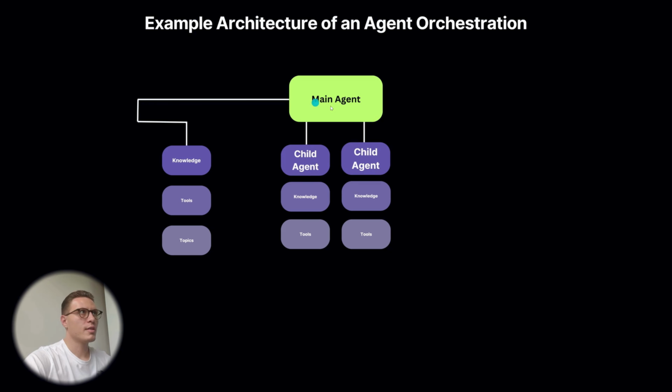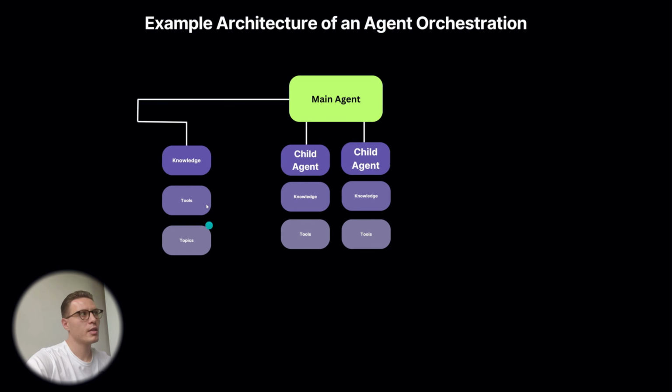On the main agent itself, there are also going to be what we call common tools, and that could be, for example, knowledge, which you have on the main agent. It could be a tool like sending an email, or it can be a topic if you want to control the user flow better.